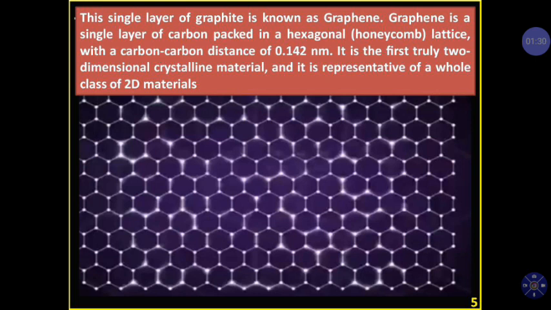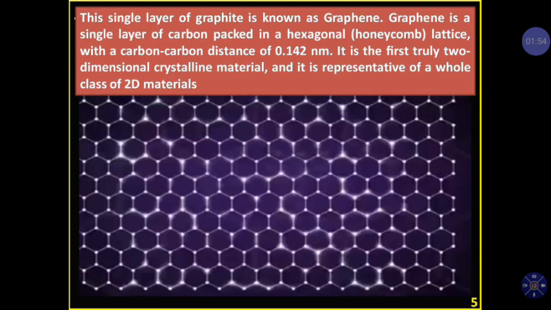It is a crystalline two-dimensional material. In graphene, a lot of hexagonal shape carbon rings are arranged systematically like honeycomb as shown in picture.